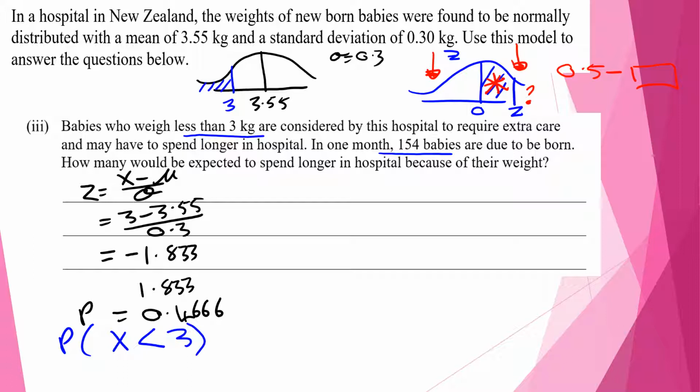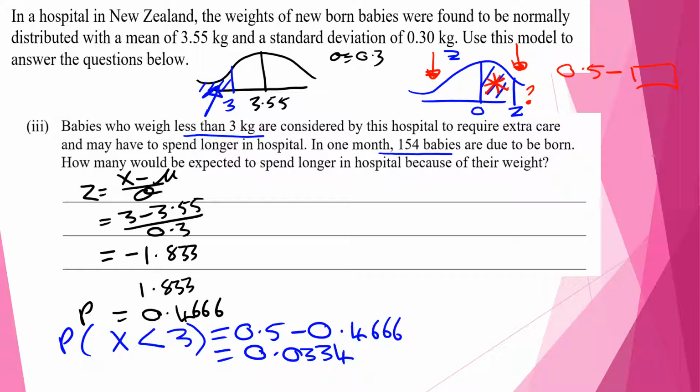So the probability that x is less than 3 will be, so we get rid of some of these arrows here, and I'll indicate that on our diagram now. So less than 3 with our shaded area here, 0.5 minus the probability of the inside piece. That works out to be 0.0334.